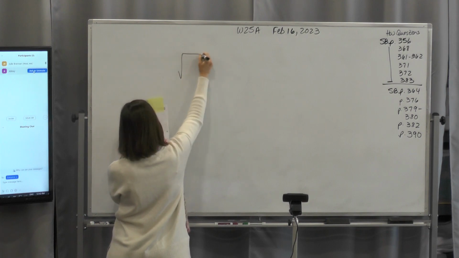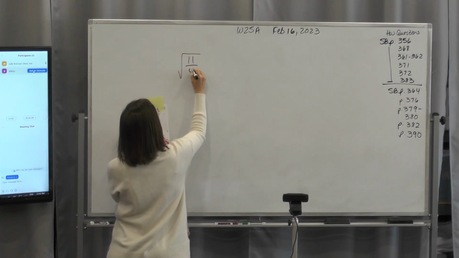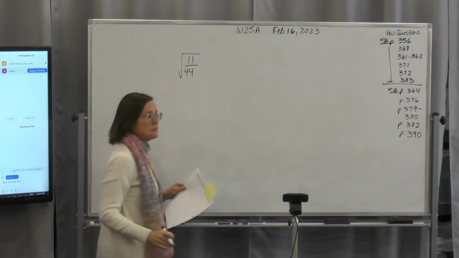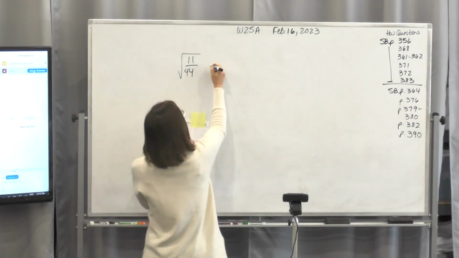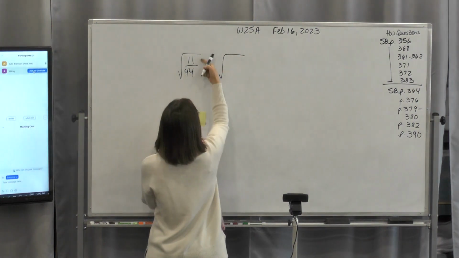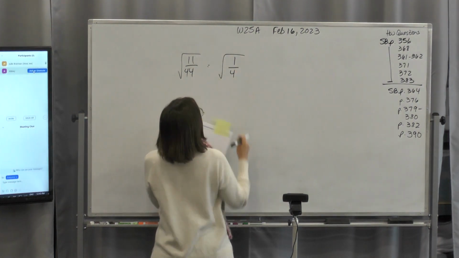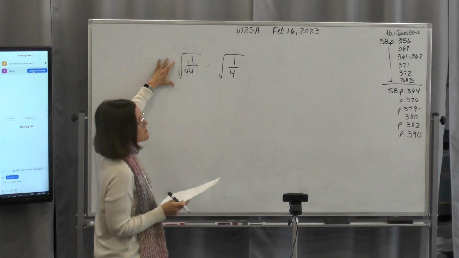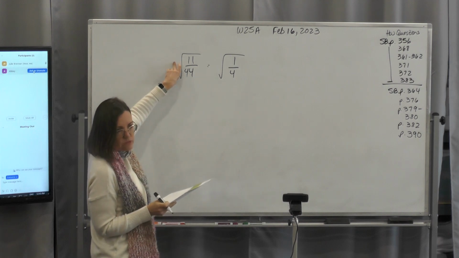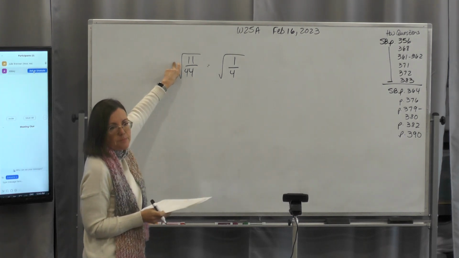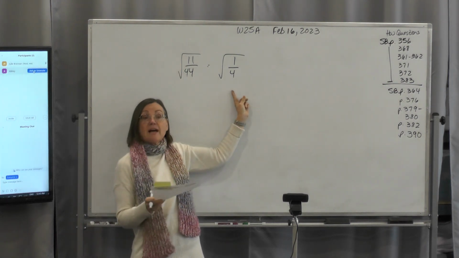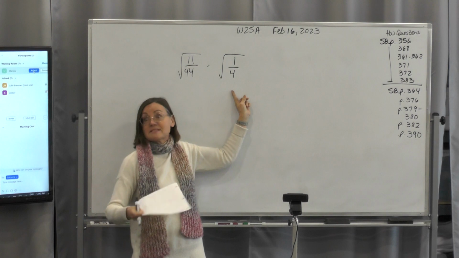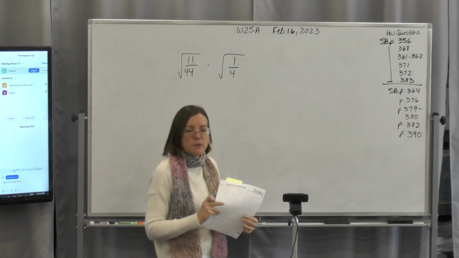The square root of 11 over 44. Simplify to what? 1/4. Yeah, so what I would do is, if I could, I would simplify the fraction inside. I would not take the square root of 11 over the square root of 44. I'd eventually get there, but it would be a lot of work. Now, sometimes if I simplify the fraction, I could actually create more work, if I was eliminating a perfect square, right?